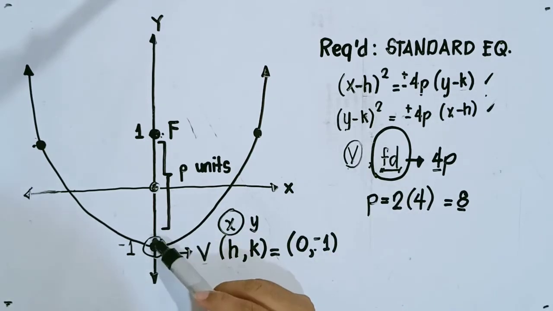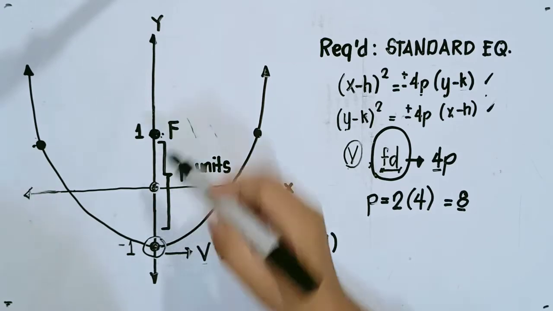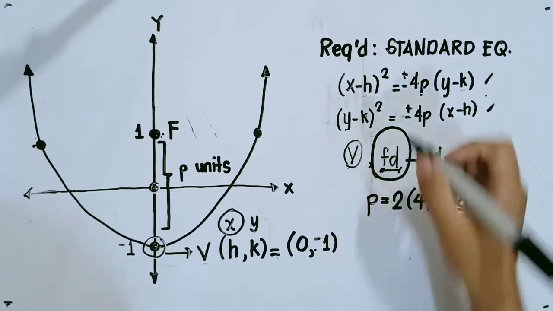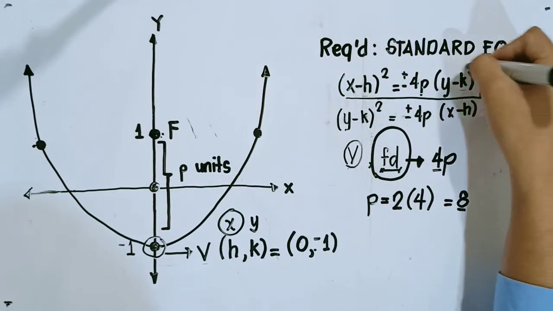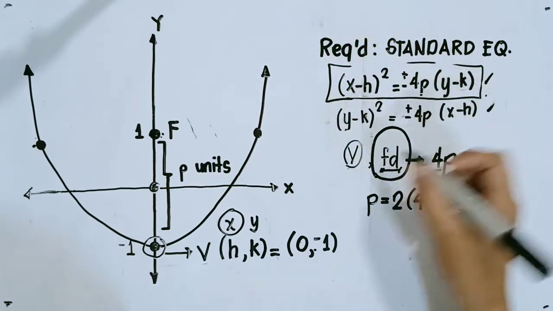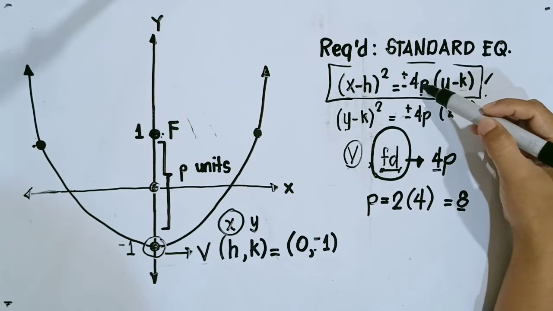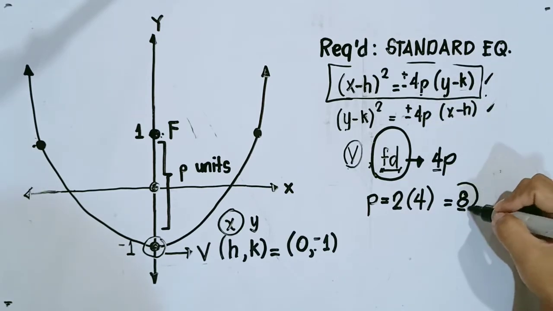Since our parabola goes with the direction of the y-axis or the vertical axis, we can say that the variable being squared here is x. So we will go for this equation with x squared. And because our parabola opens upward, our 4p is positive.